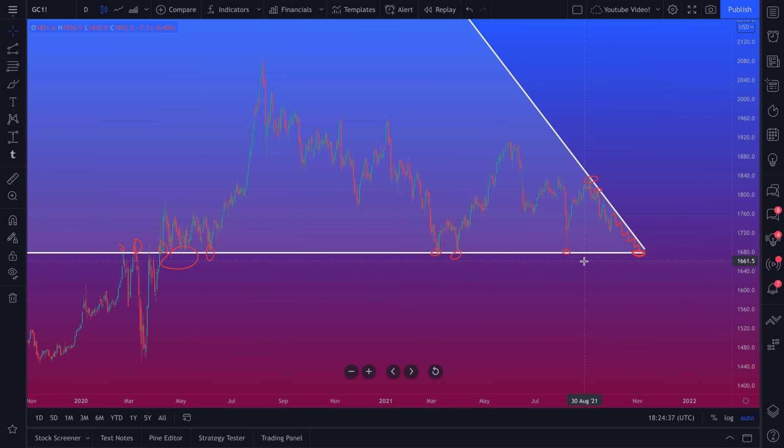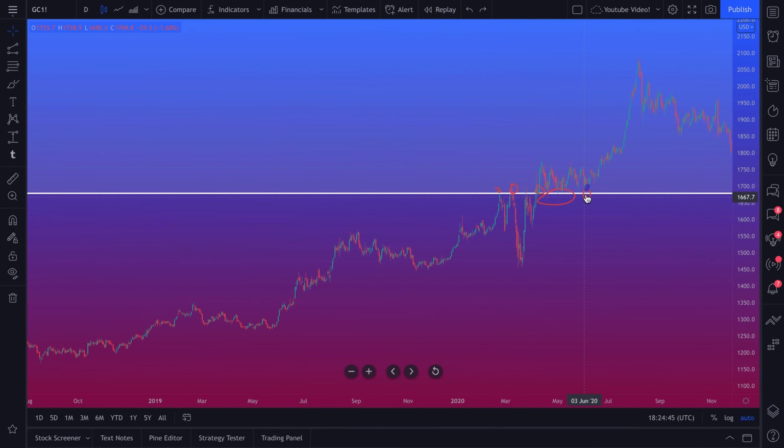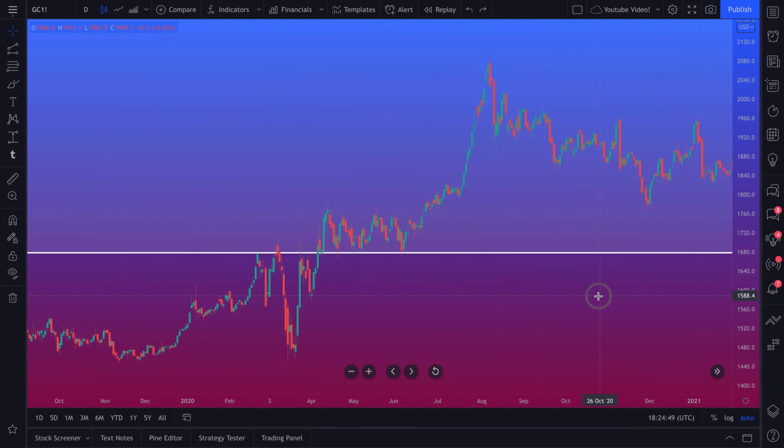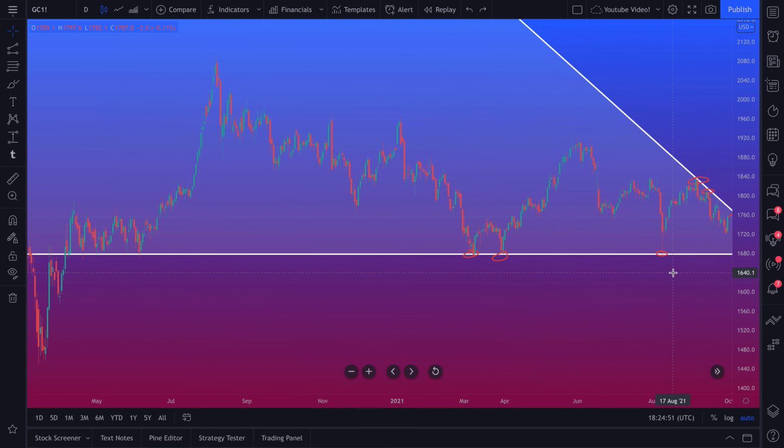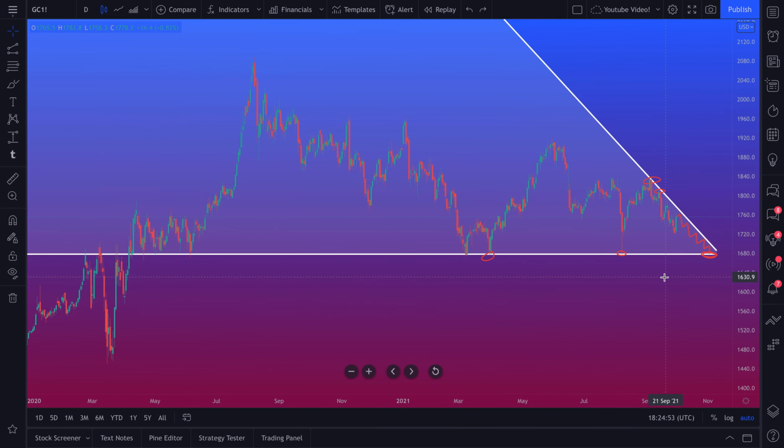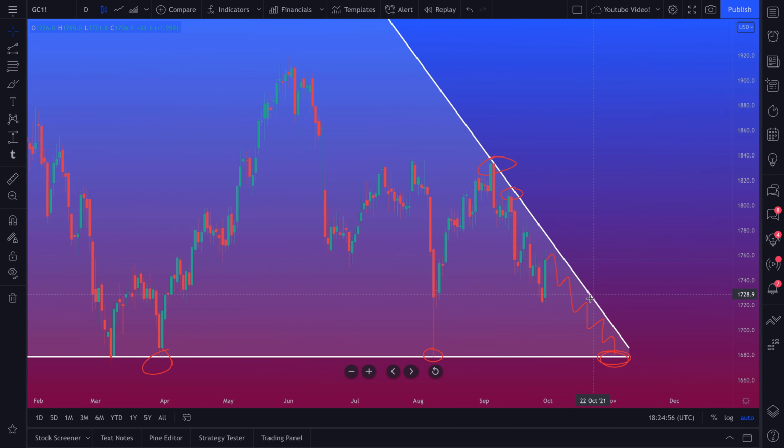And you can just take in so much information going back to 2020 here, all the times that this has played out in the context of the current drawdown. And then the rest is up to you. How do you want to play this? This is sort of your guide going forward. This is how you're going to approach this particular market with the trend that you see and the trade or investment that you want to plan.